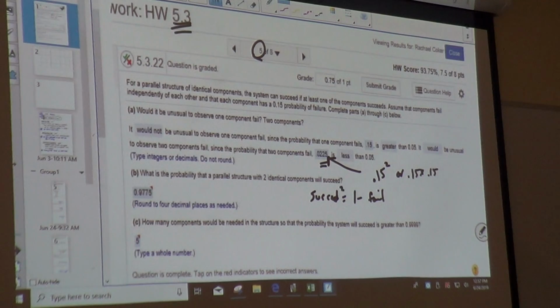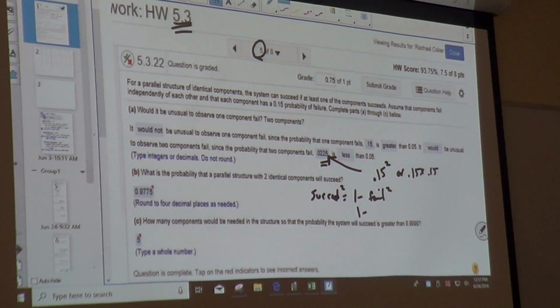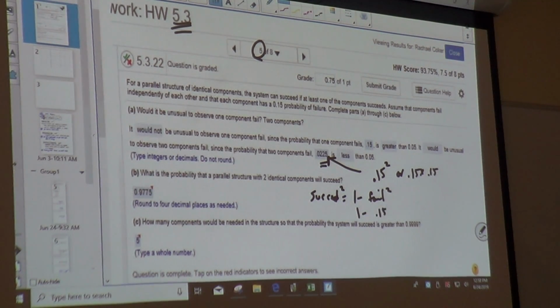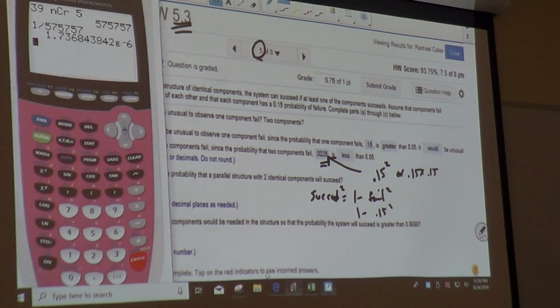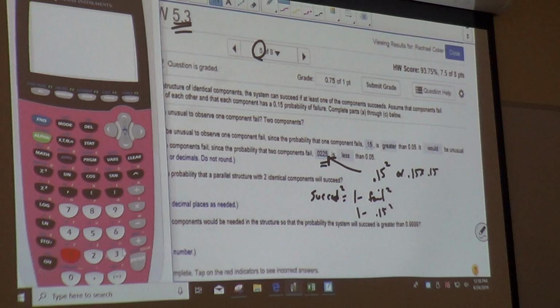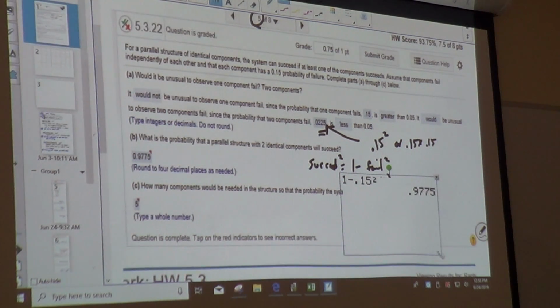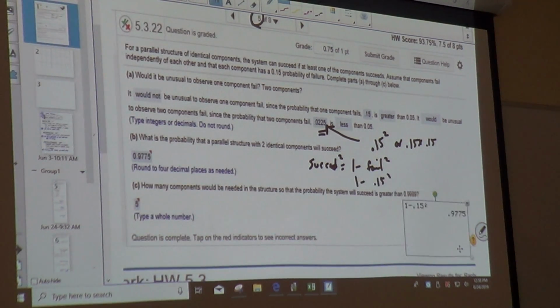So if 2 succeed, it's going to be 1 minus the 2 fails. So that's 0.15 squared. So if I come to my calculator and I do 1 minus 0.15 squared, that's where that answer comes from. We good?